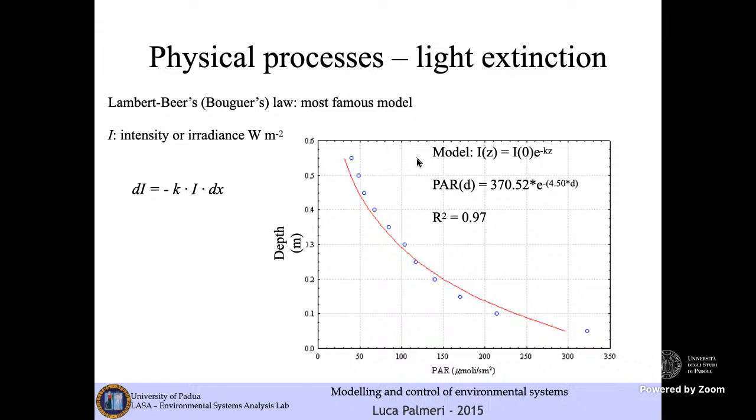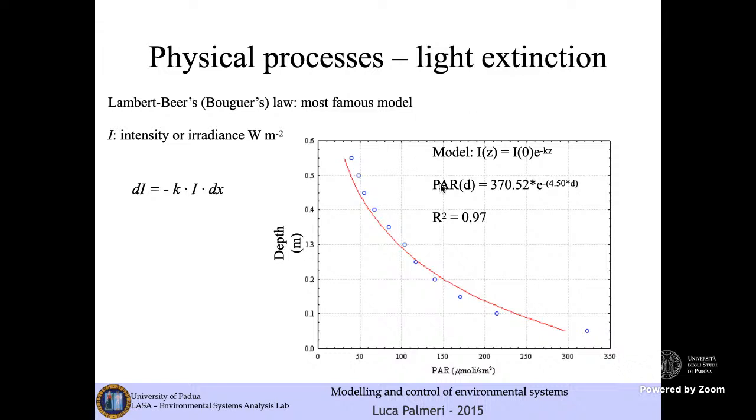For example, we may observe some experimental data in which we link photosynthetic active radiation, I recall it is 56% of the light arriving on the surface of the planet, with the depth at which we are measuring this quantity.